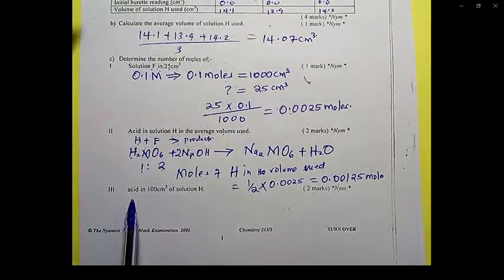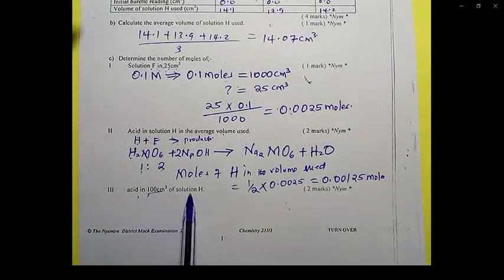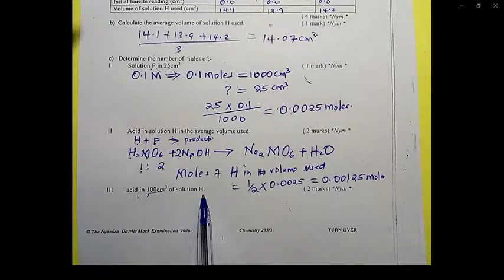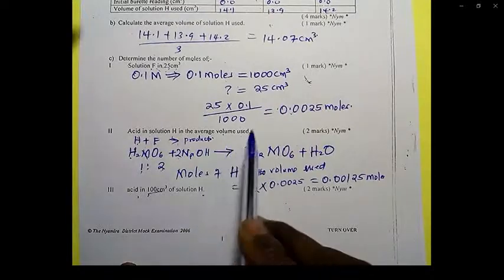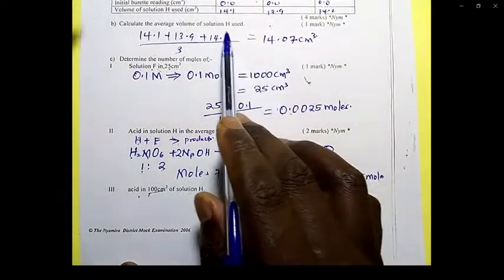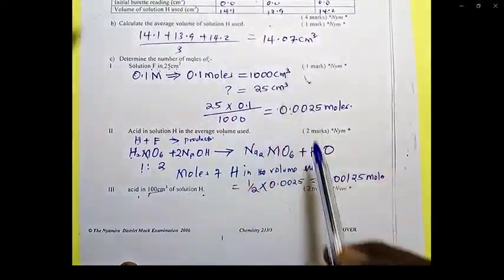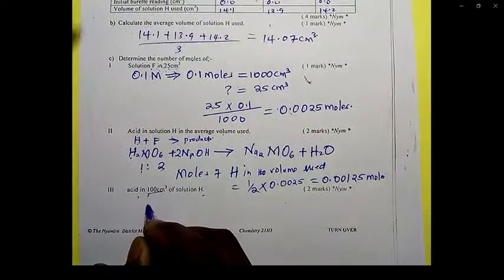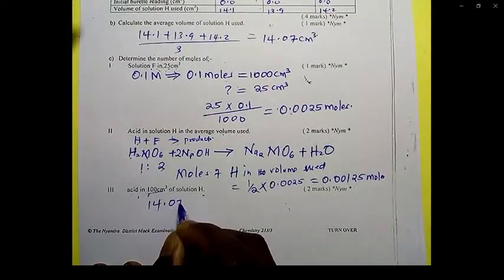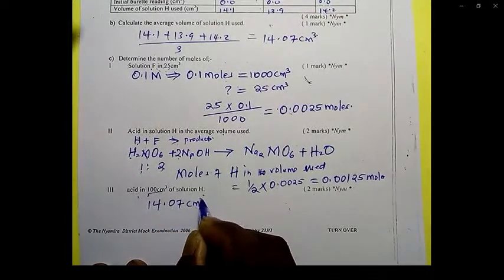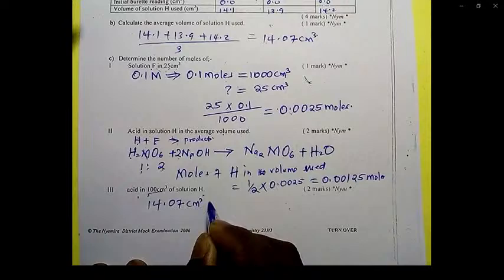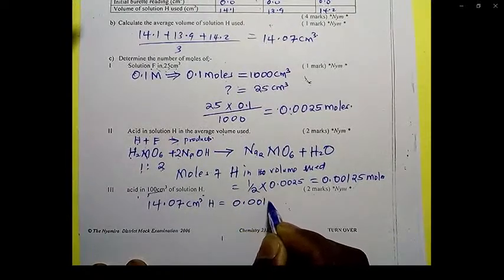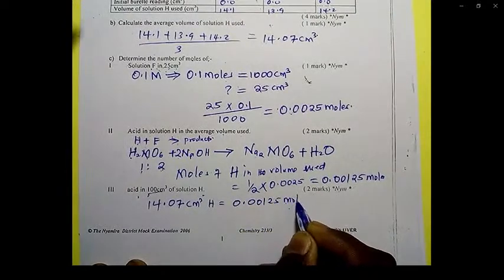Determine the number of moles of the acid in 100 centimeter cube solution H. Now we have the number of moles in this, in 14.07. This is the number of moles. This moles is in this. We will ask what about 100. So 14.07 centimeters cube solution H contains 0.00125 moles.